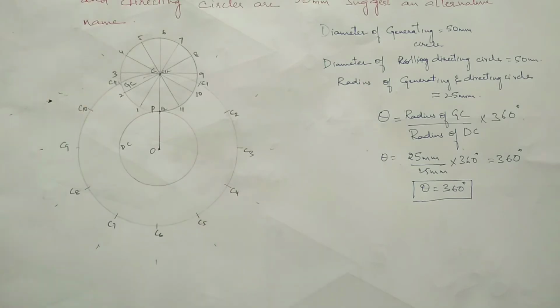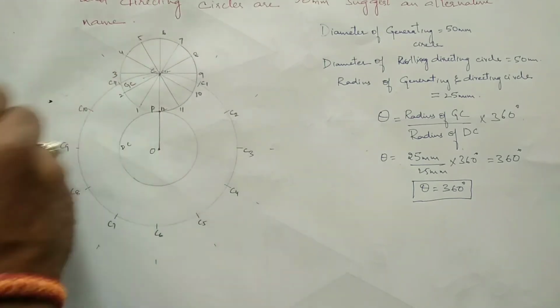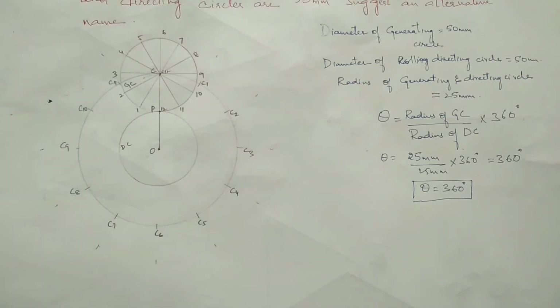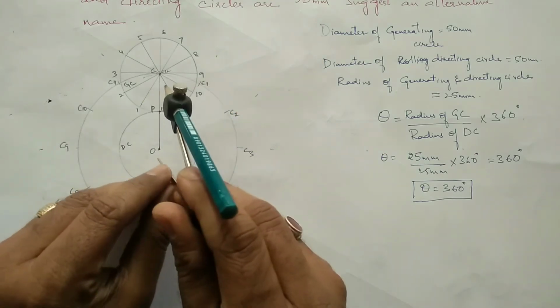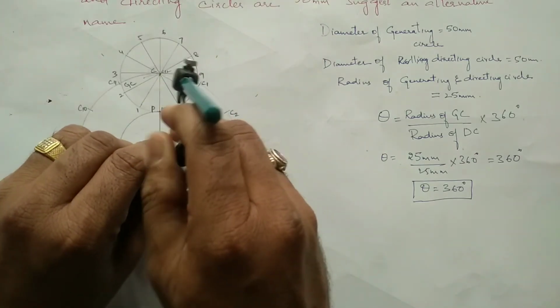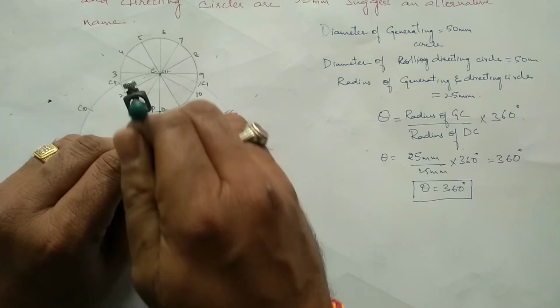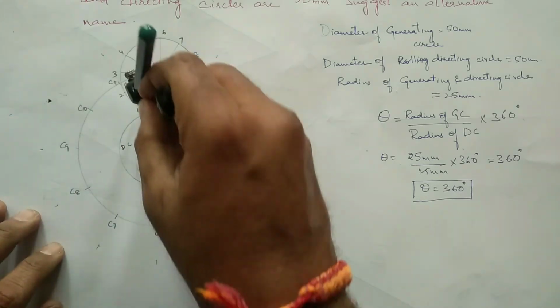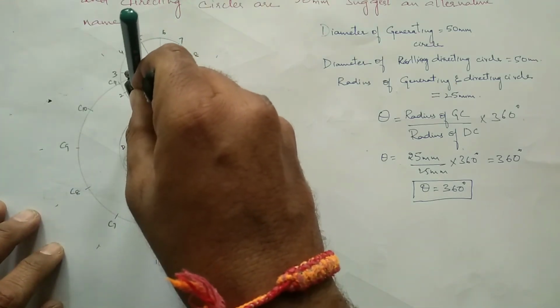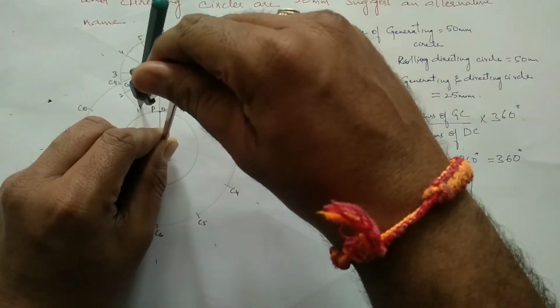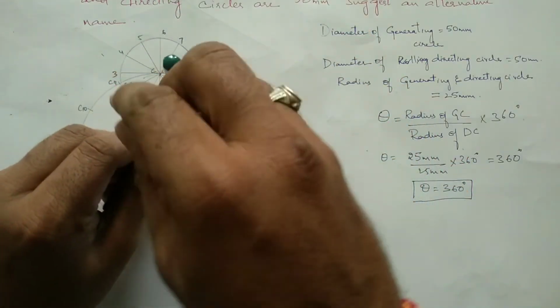Now, using the compass, go ahead with drawing the curve from each and every point of the circle. With O as a center and O1 length, draw the circle.